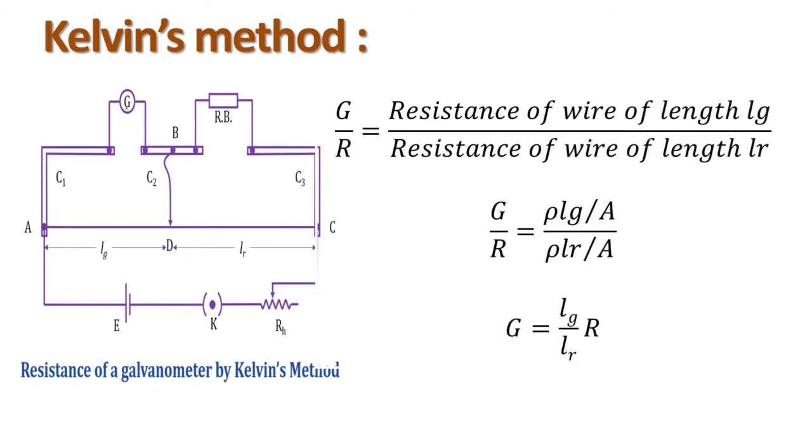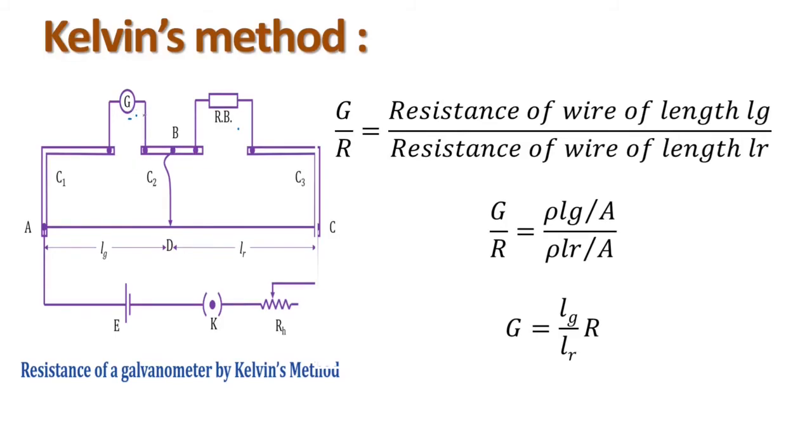It acts as a resistance as well as it shows the deflection, and the galvanometer whose resistance G is to be determined is connected in one gap and the known resistance R in another gap. Again, a suitable resistance is taken from the resistance box. The current is sent around the circuit, and without touching the jockey at any point of the wire, the deflection in the galvanometer is observed.